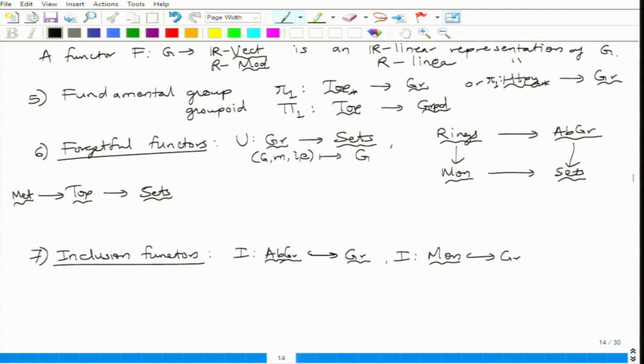And what about, let's say, commutative monoids and monoids? That's an inclusion functor. Just to make sure I have a name for it, I'm writing it. Then similarly, commutative rings and just rings.